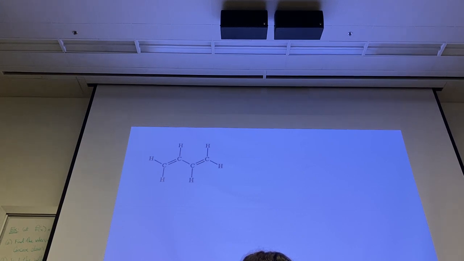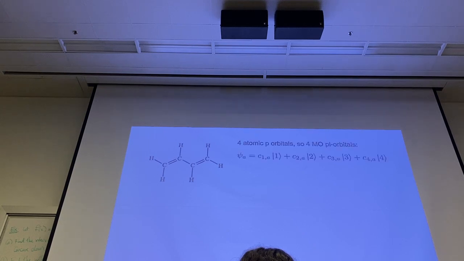So the molecular orbitals are composed of 4 ingredients, namely those 4 carbon p orbitals. That's what goes into it. So we have 4 atomic orbitals that go into it, and we will generate 4 molecular orbitals, 4 in, 4 out.